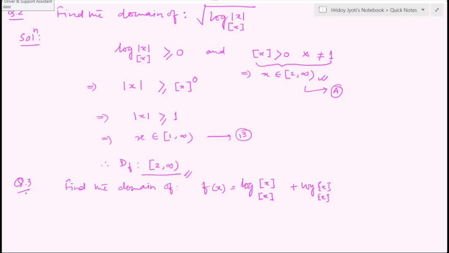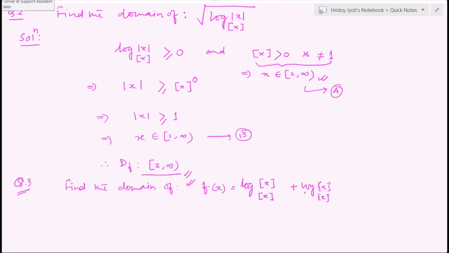Okay, the next question, number 3, we are taking this. Find the domain of f(x) equal to this.